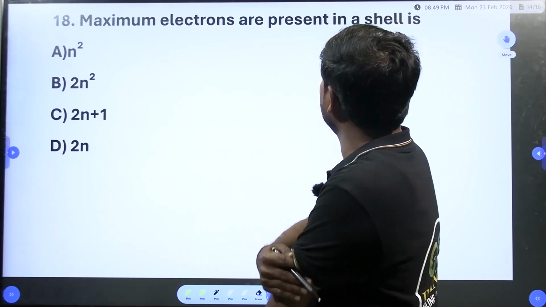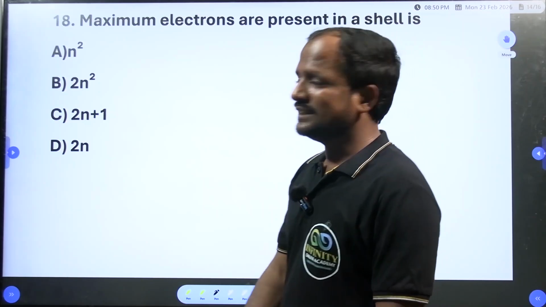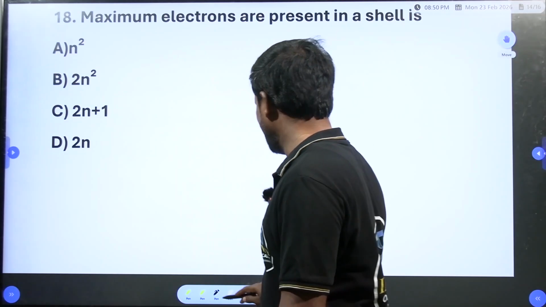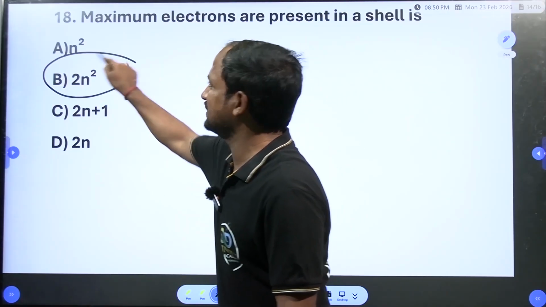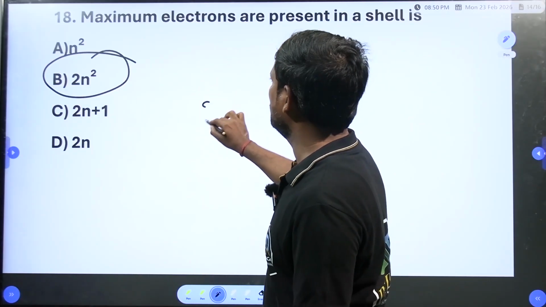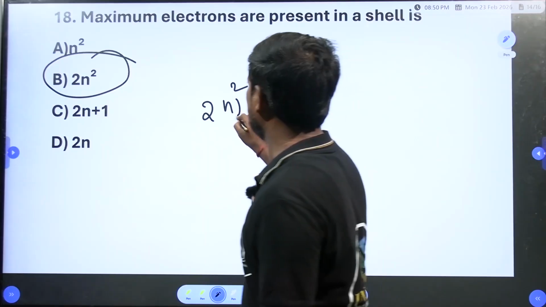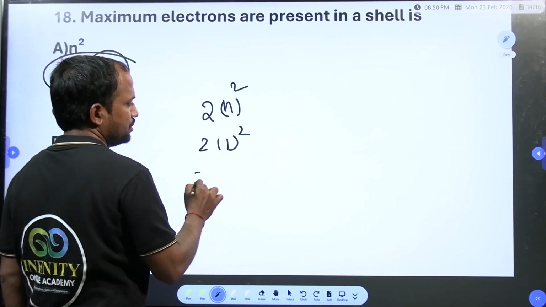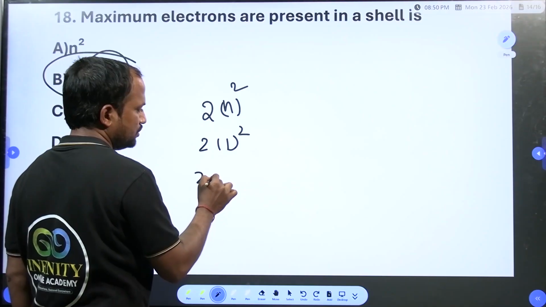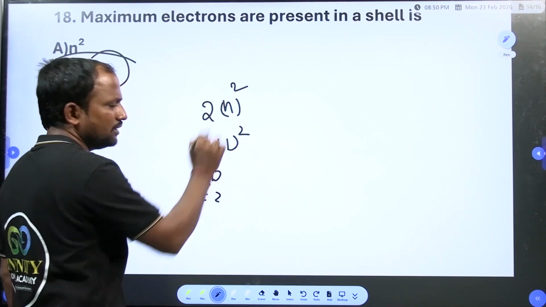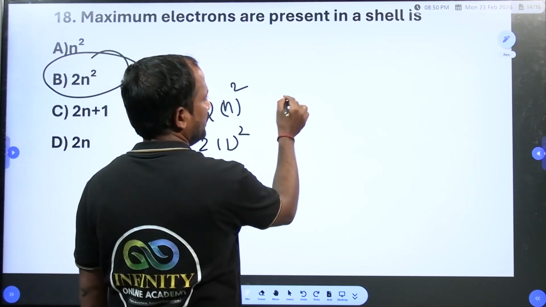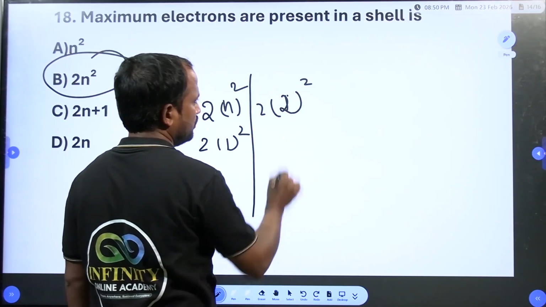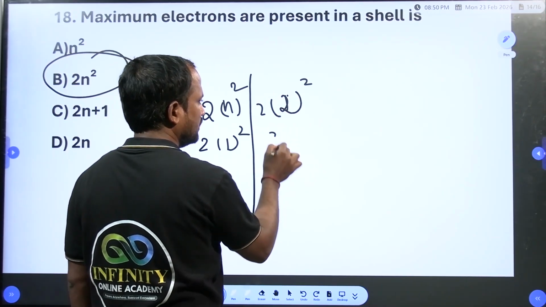Maximum number of electrons present in a shell. What is the formula? 2n square. Observe here. First shell: 2 into 1 square is 2, so the first shell maximum is 2. Second shell: 2 into 2 squares, 2 twos are 4, 2 fours are 8.